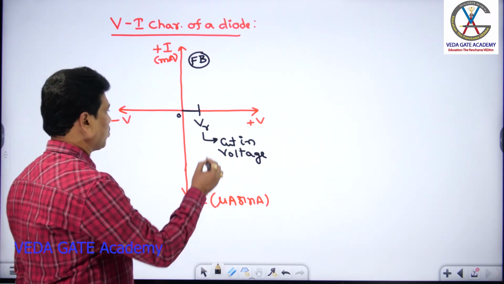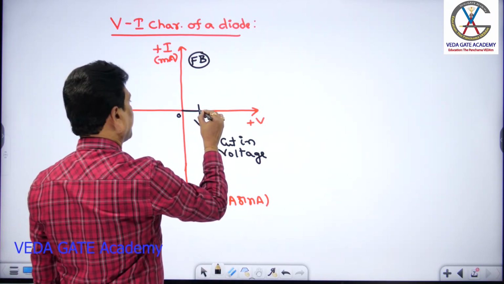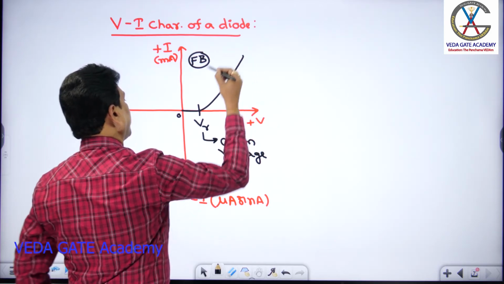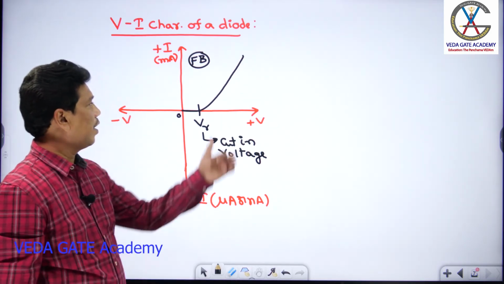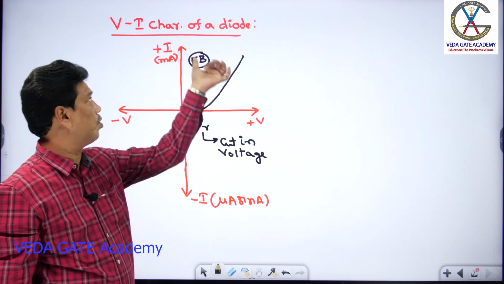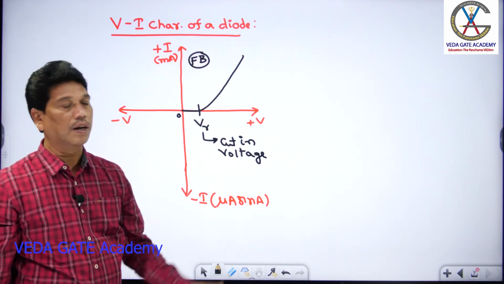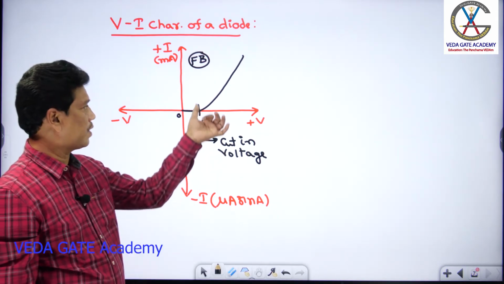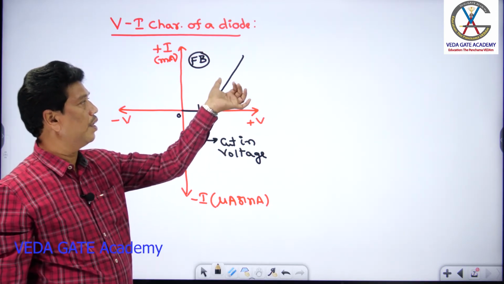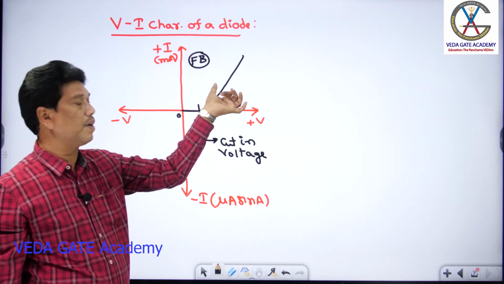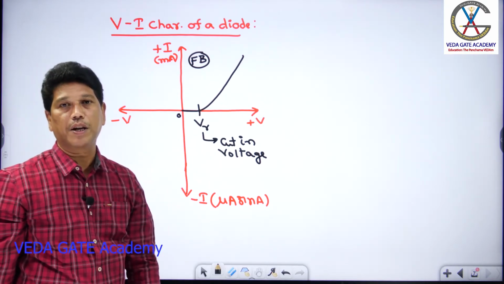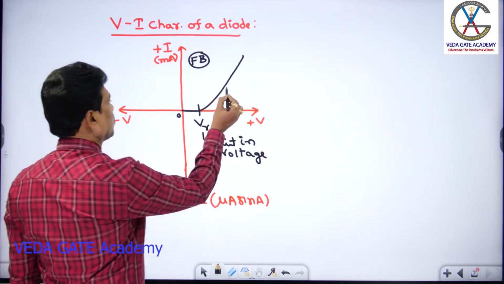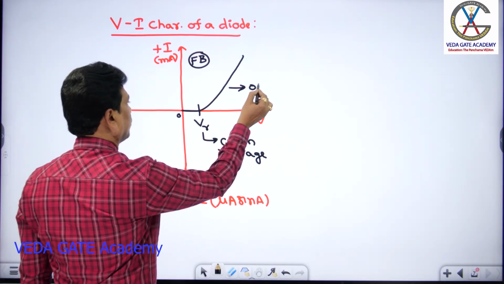Once you cross this, for a small change in voltage the current increases rapidly, such that the diode is considered a non-linear device, because the growth of current is exponential. The diode in forward bias acts as a closed switch, the on switch.